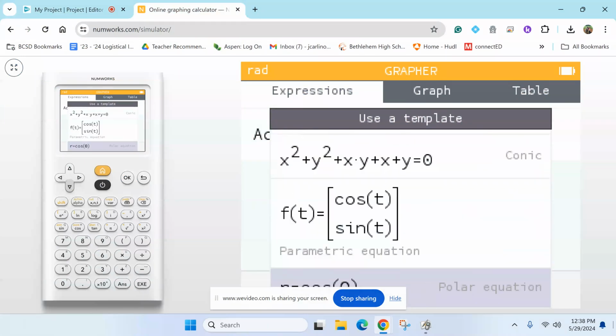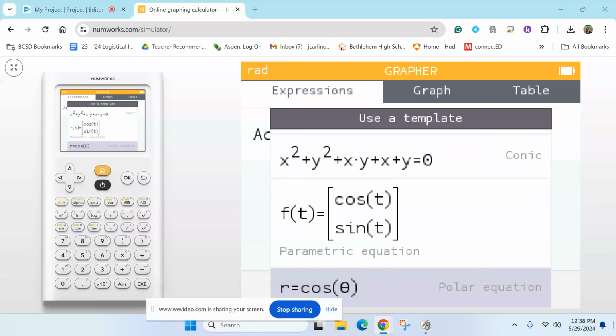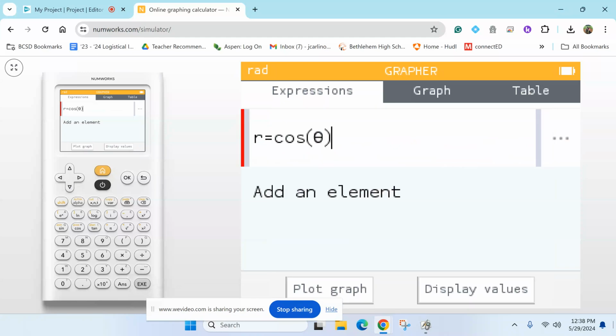Everyone see that? r equals at the bottom, and it says polar equation. So you can either type shift 4 or hit enter and look for the r equals template. Let's clear that out because we just want r equals 5. Is everyone all right getting the r there? Two different ways. Hit enter.